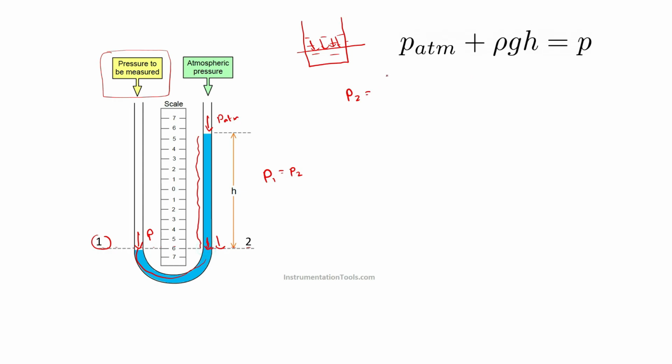So P2 will be equal to P atmosphere plus rho gh. And what will be P1? P1 will be equal to P, because there is no liquid here, so this P will be equal to the pressure here. So P1 is equal to P. If we equate these two, you will get this equation.